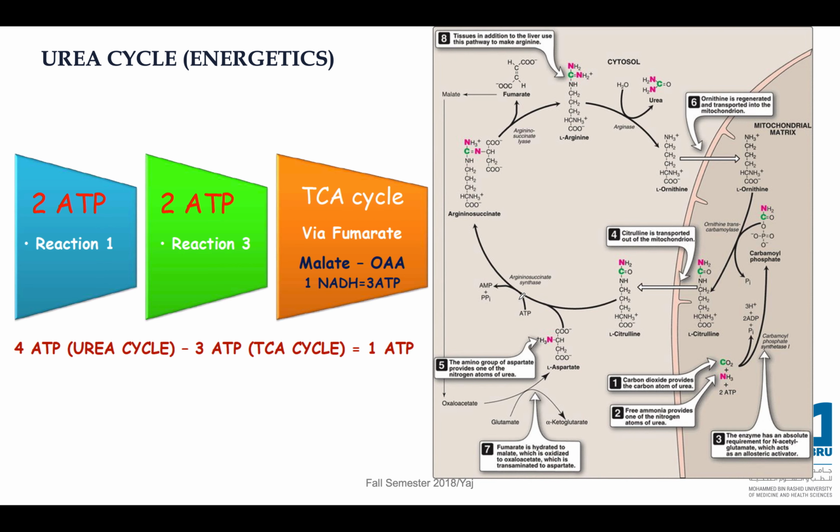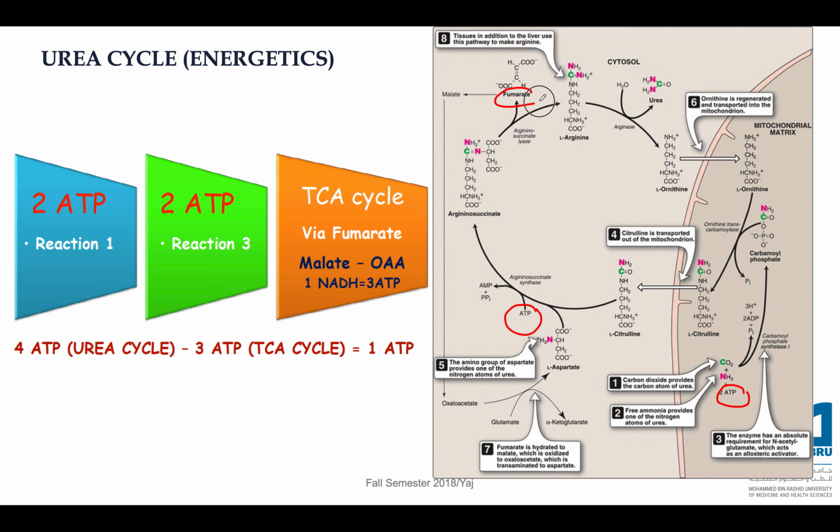Let us look at the energetics. Okay, so in the first step, we have used 2 ATP molecules. So here, 2 ATP. Also in reaction 3, we are using 2 high energy phosphate bonds. As I told you, for the purpose of calculation, this will also be 2 ATP.